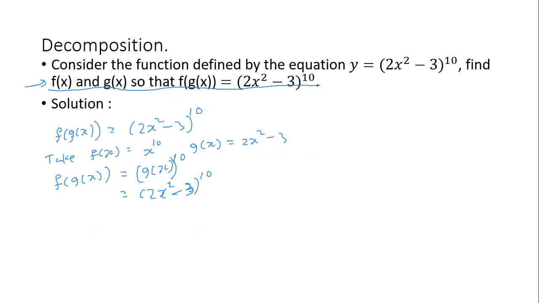That means we can write f(x) as x to the 10 and g(x) as 2x square minus 3. But I'm asking, is that the only way we can do this? Now let's say this. This is one way.